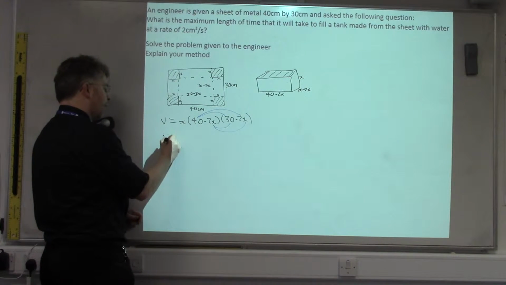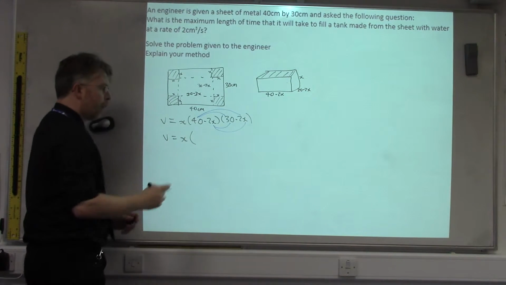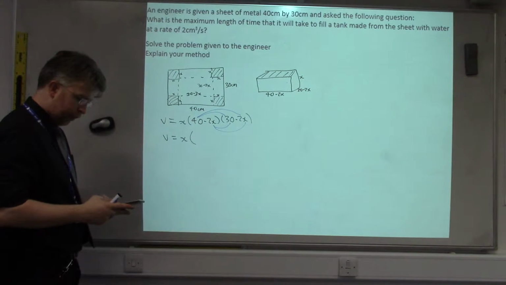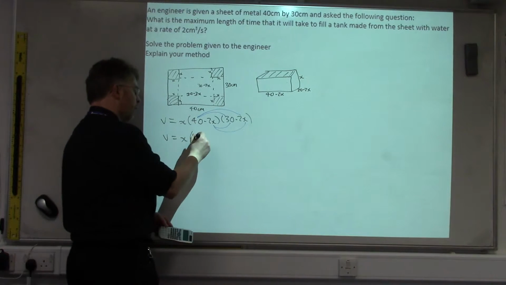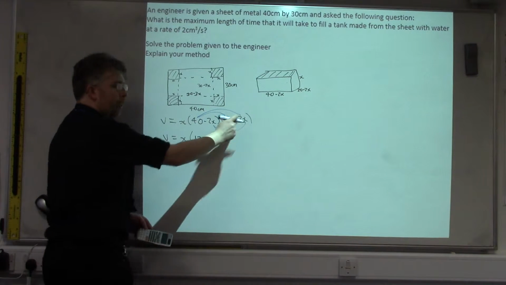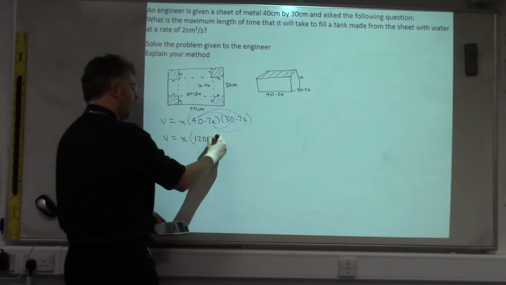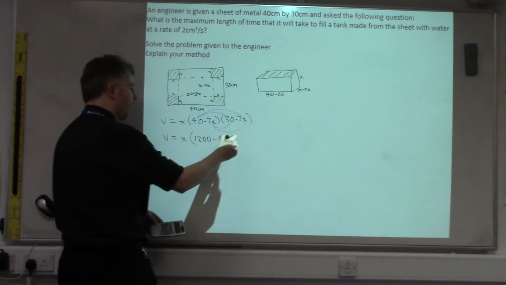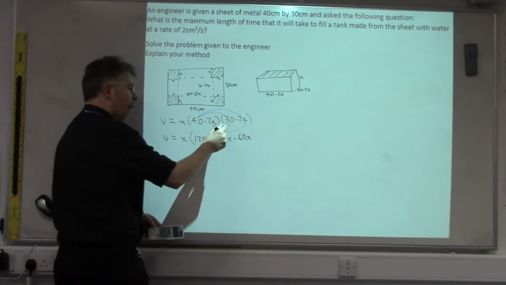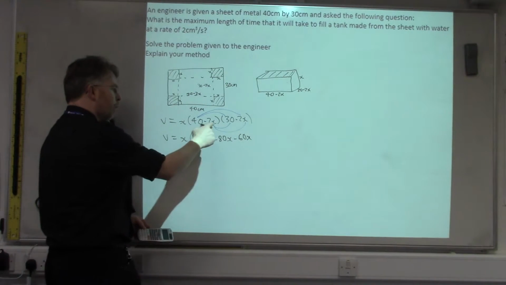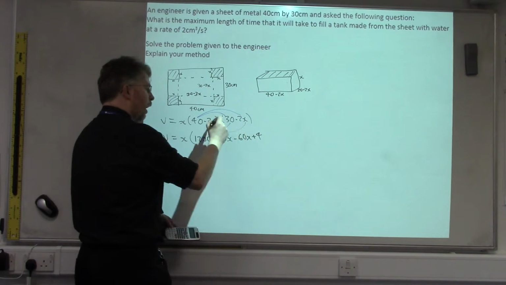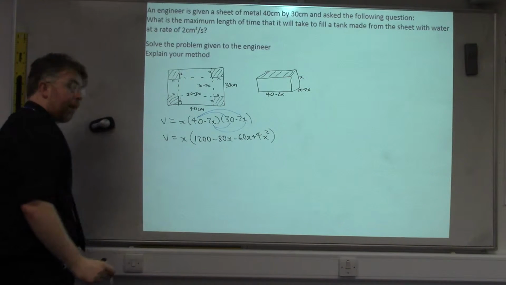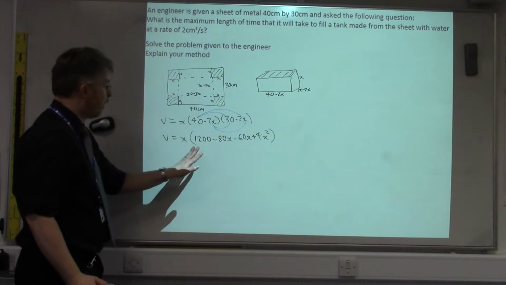So doing that, 40 times 30 is, you should know that, 1,200. 40 times minus 2x is minus 80x. Minus 2x times 30 is minus 60x. Minus 2x times minus 2x, well, minus 2 times minus 2 is plus 4, x times x is x squared. And that multiplies out the brackets.